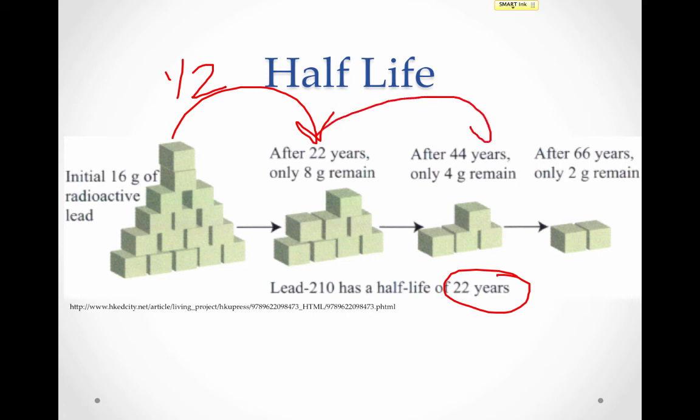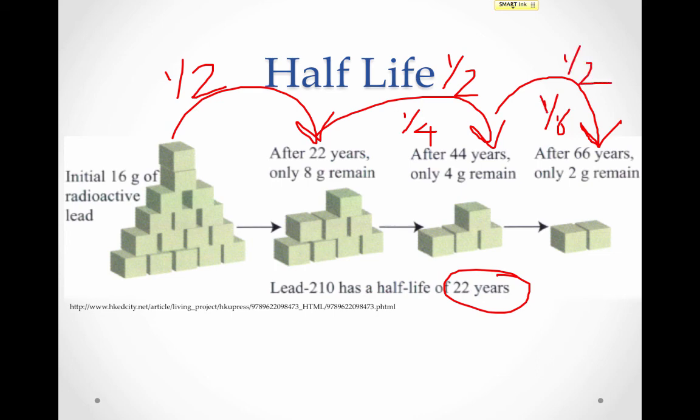After 44 years, another half of that sample will decay, so we'll be left with a quarter of the original sample. After another 22 years, 66 years in total, we'll be left with an eighth of the original sample because another half will have decayed. Eventually, it will decay down to nothing.